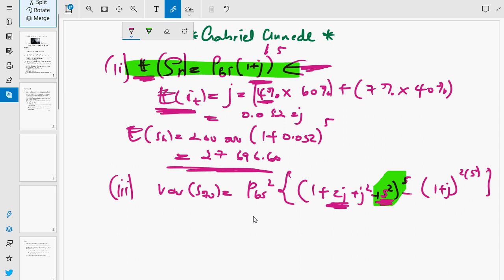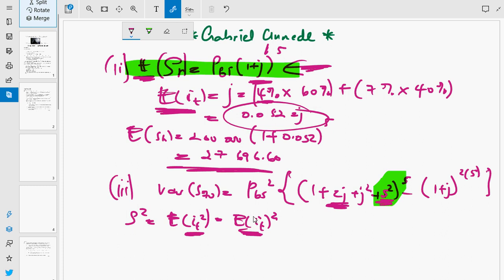Now, you recall the variance is given by, from your basic actuarial studies, the expected value of i_t squared minus the expected value of i_t all squared. So here you are squaring your observed returns times probability. The second term is just your expected value all squared, which is this.